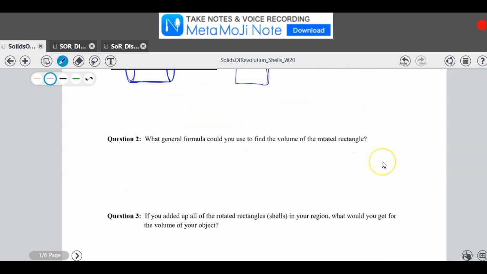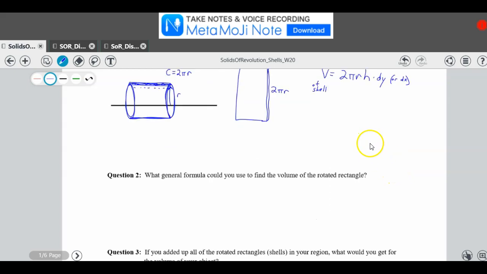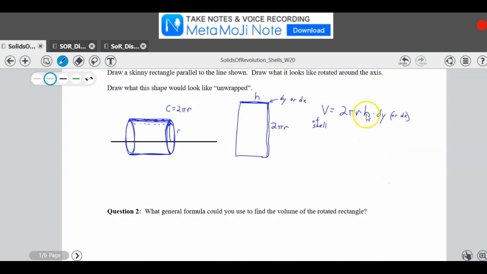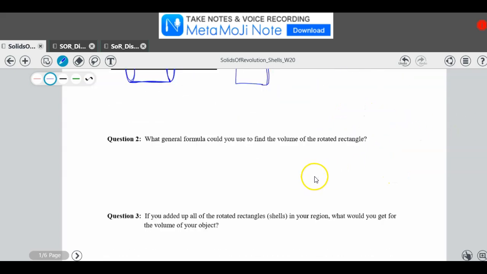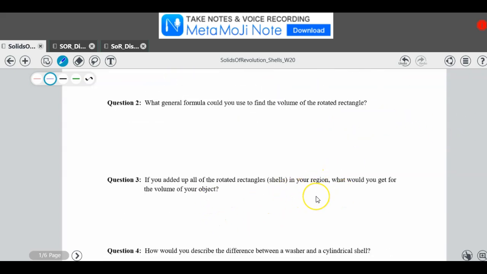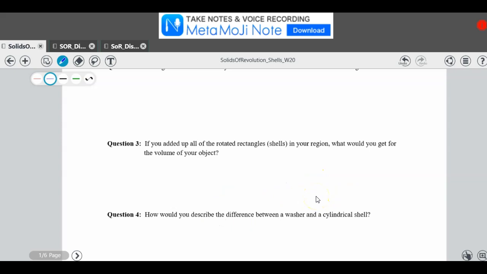So just real quick, the general formula we just saw up here is 2 pi r times h, and then that dy or dx. If I added all these up, what would I get? That's going to be the integral from some a to some point b of 2 pi r times h times, again, dx or dy.